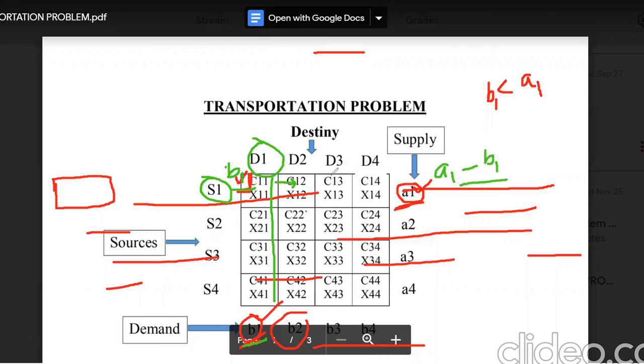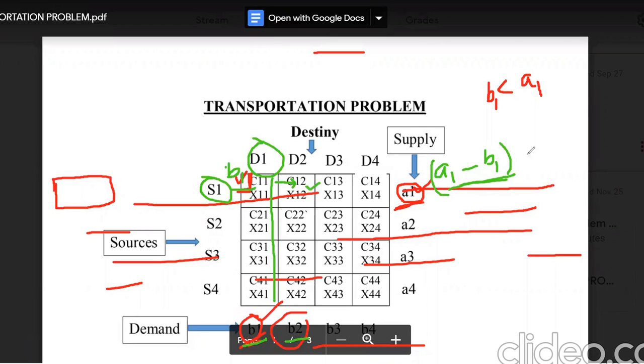So source S1 can now transport only A1 minus B1. Next, in the second cell, you need to check B2 and A1 minus B1. Whichever is the minimum, that one you have to allocate in the second cell.